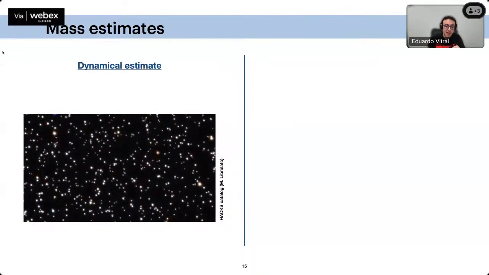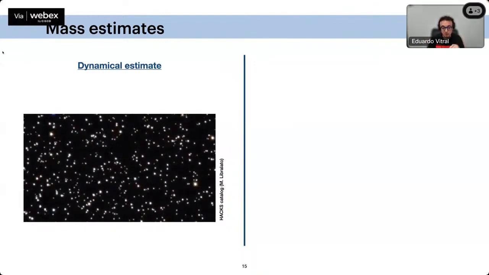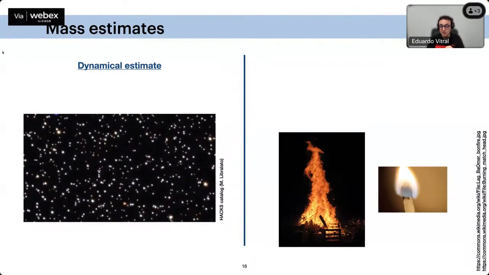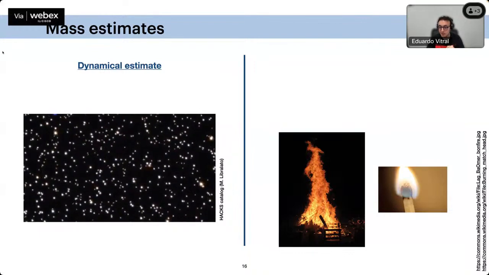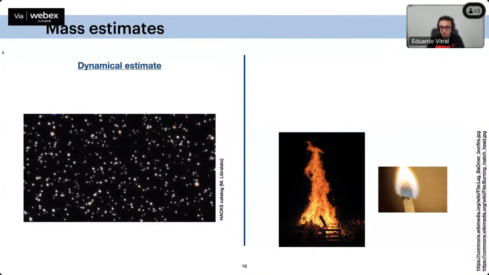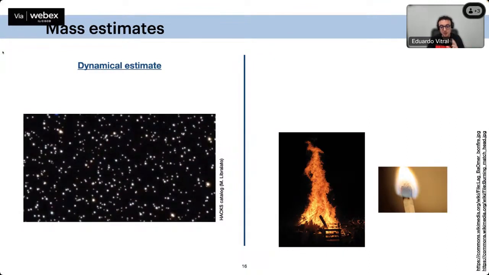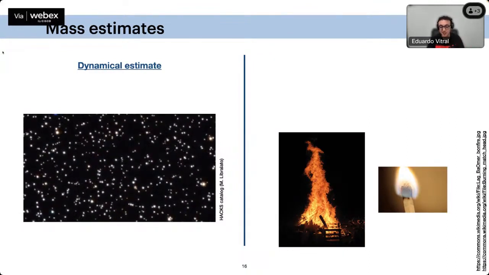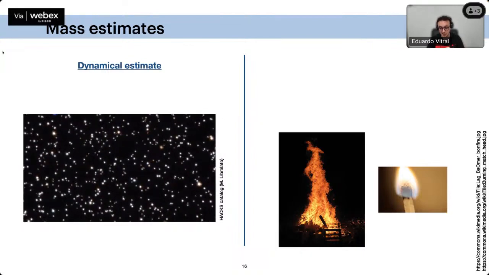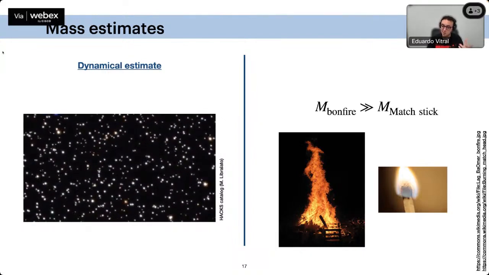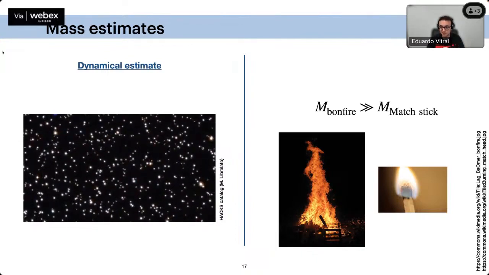So on the other side, this is not the only way to measure masses. For example, imagine that you're looking at a bonfire and on the side of it, a matchstick. You realize that the bonfire seems much more massive to be generating all that heat and all that fire rather than the matchstick. So intuitively, you could say that the bonfire is much more massive than the matchstick.